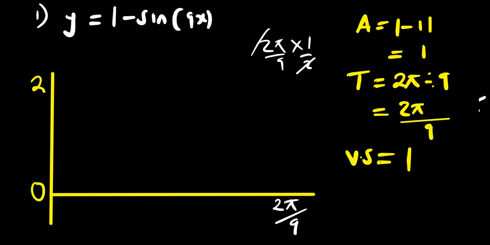This 2 and 2 can cancel, right? We're just going to have pi over 9. Okay, so pi over 9, or 2 pi over 18, the one we had written. Let's use pi over 9.